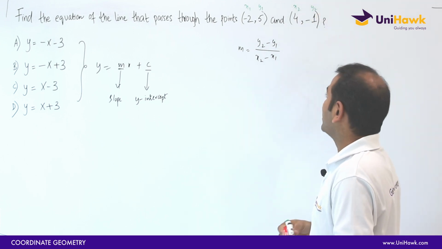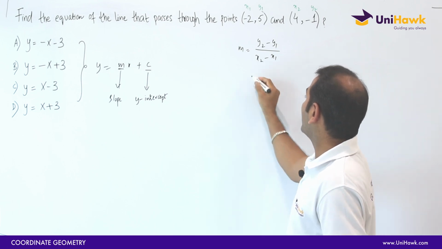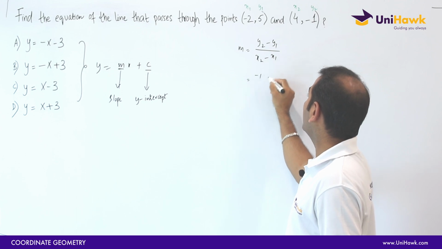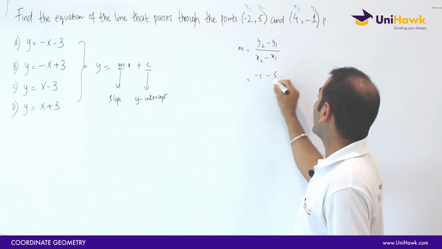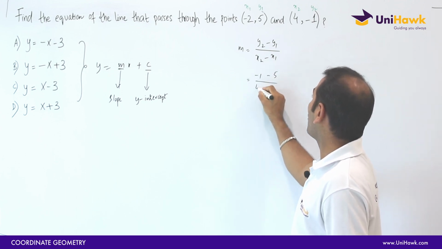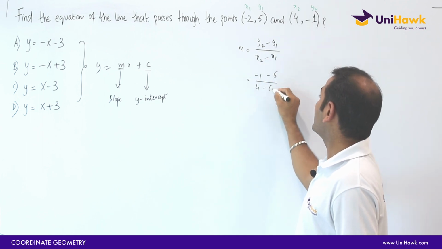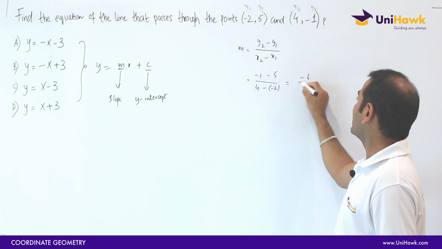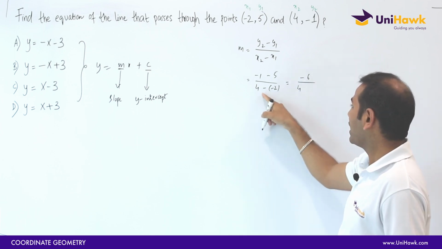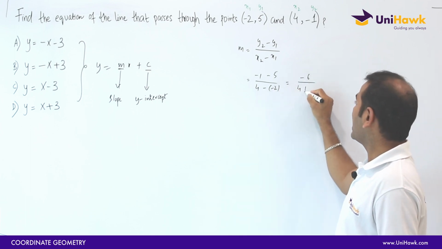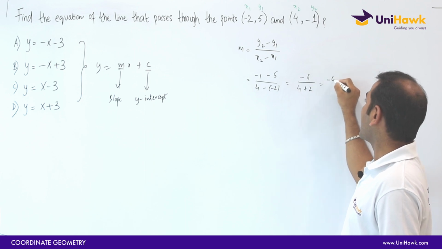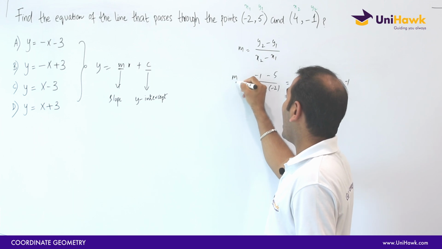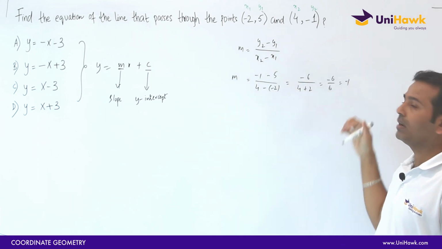This gives me y2 is -1 minus y1 is 5 over x2 is 4 minus x1 is -2. So this is -6 divided by 4, minus times minus gives you plus 2, which is -6 over 6 gives you -1. So m, the slope, is nothing but -1.